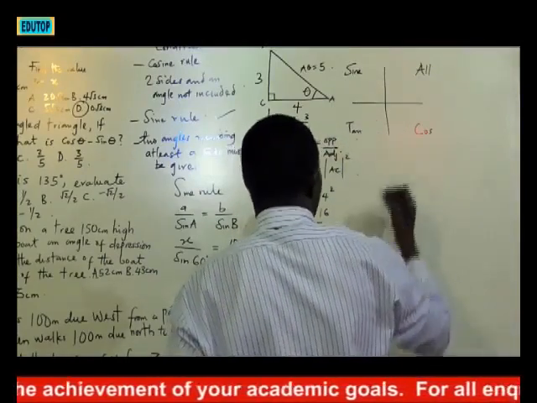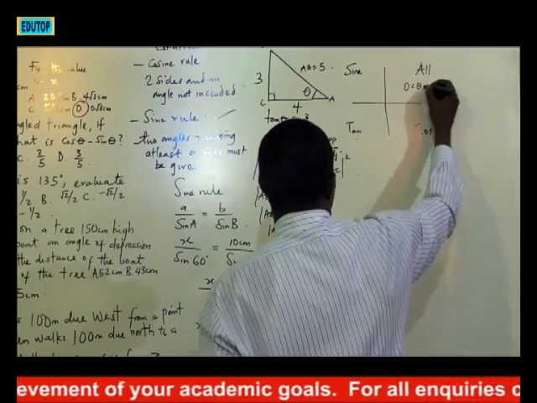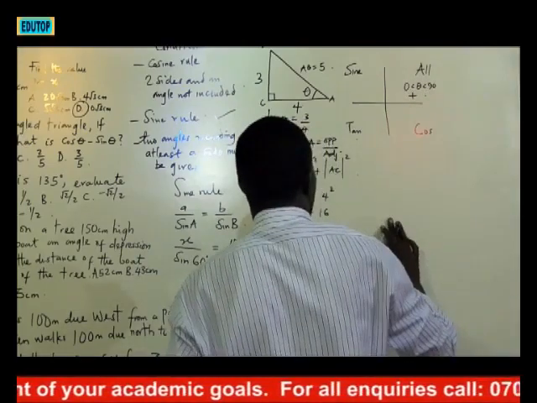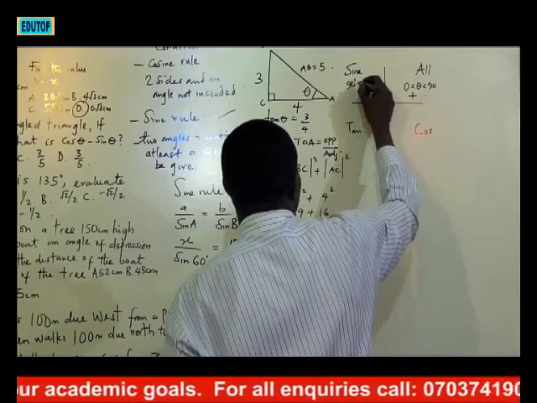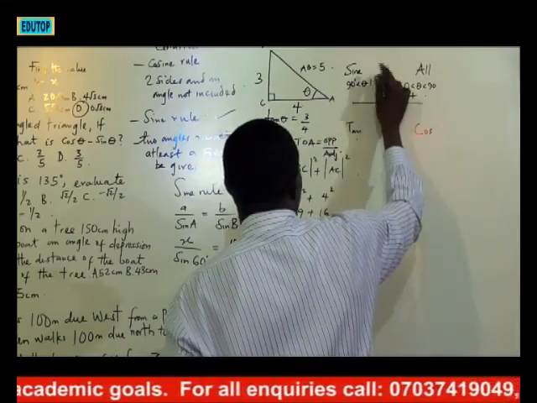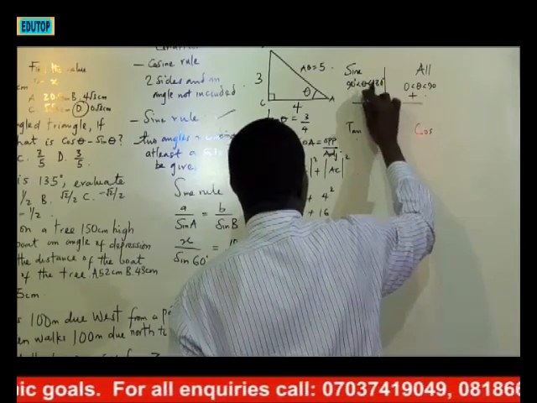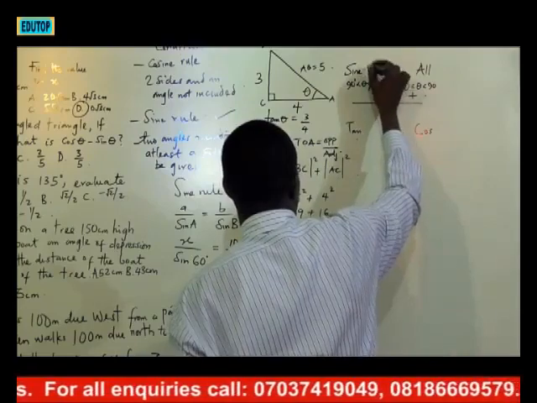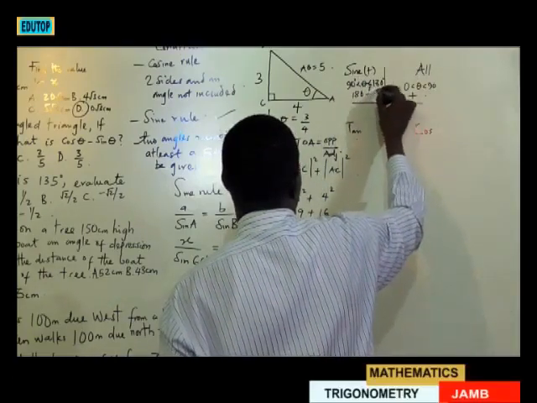Tangent. Now, know that theta lies between 0 and 90 here. So all angles are positive in this region. Here, theta lies between 90 degrees and 180 degrees. It is only sine that is positive here. Every other one is negative, and the formula is 180 minus theta.